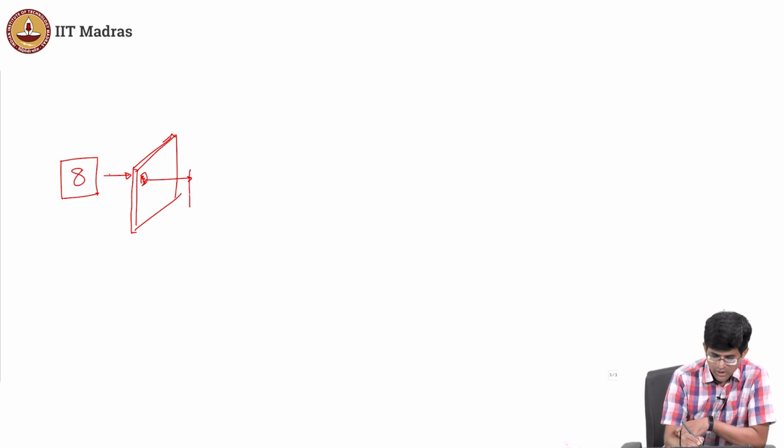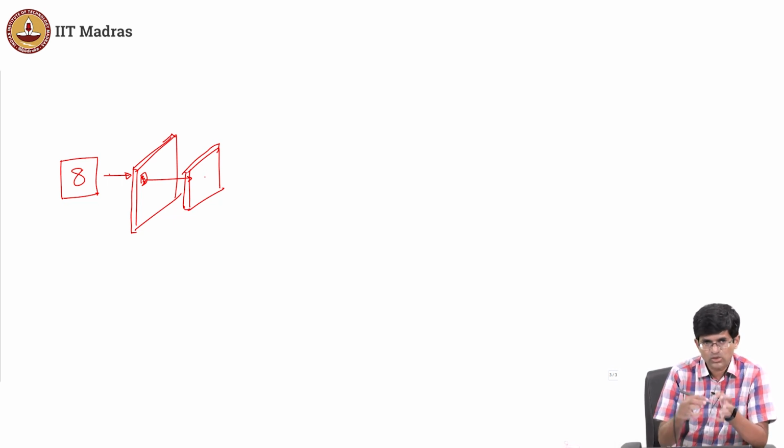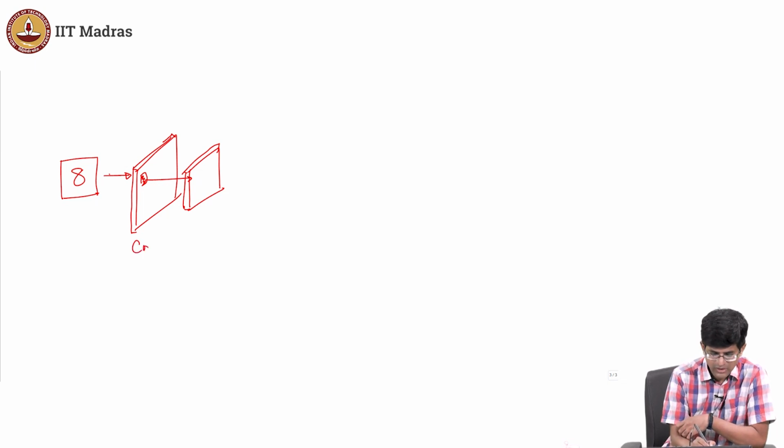The output of the convolutional layer is once again another image, which then needs to be downsampled, reduced in size. So this would be a convolutional layer.